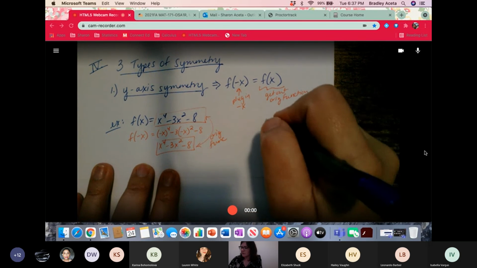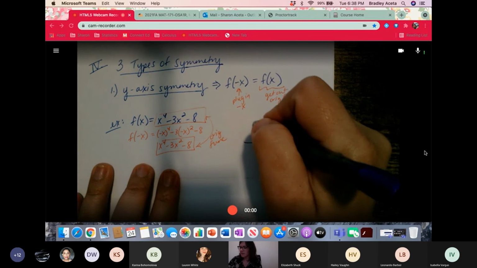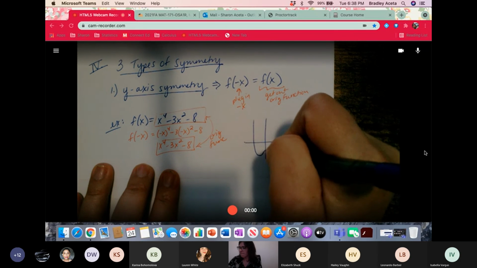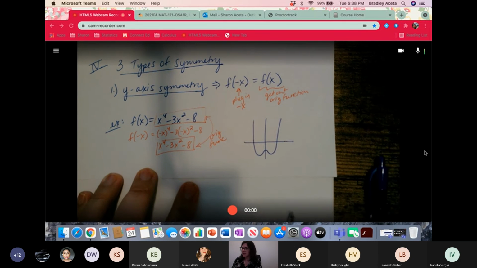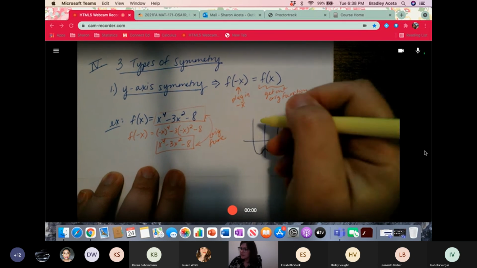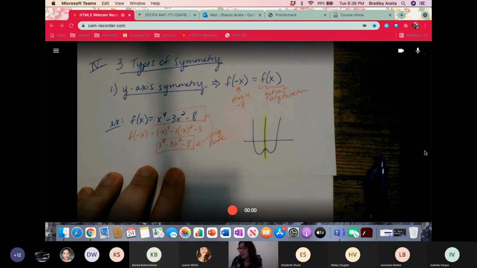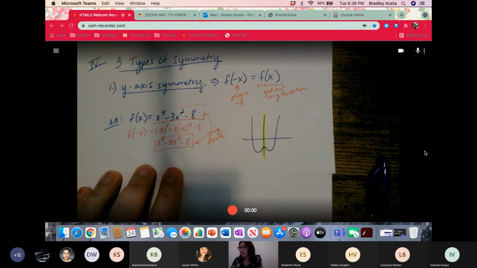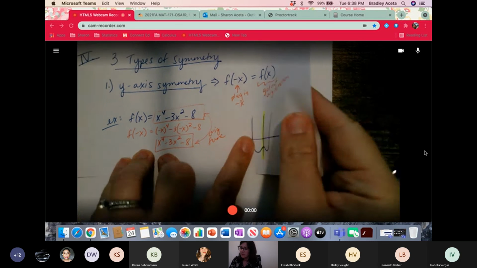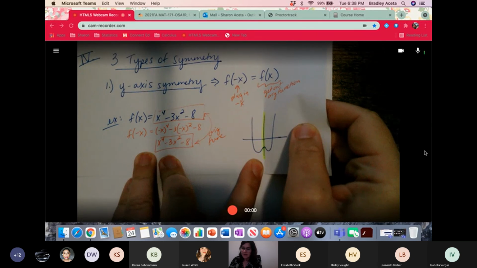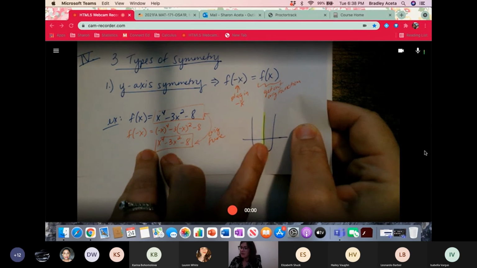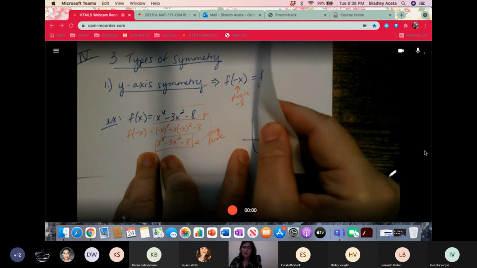So if I were to graph this, does that have symmetry along the y-axis? Here's the y-axis. If you don't know what symmetry means, you should. It's kind of like, can I fold it right along that y-axis right there, and will this side lay on top of that side?